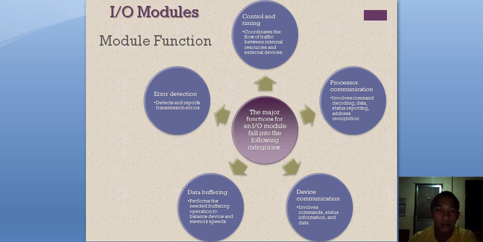The internal resources, such as main memory and the system bus, must be shared among a number of activities, including the data input-output. Thus, the input-output function includes a control and timing requirement to coordinate the flow of traffic between internal resources and external devices.